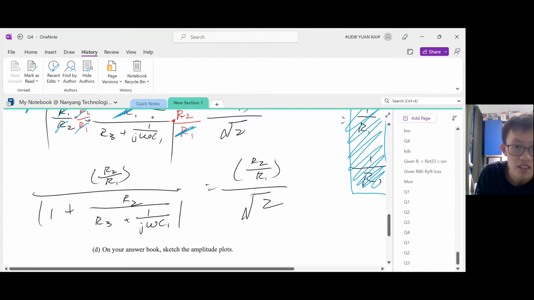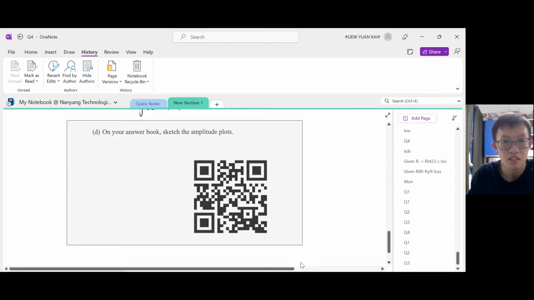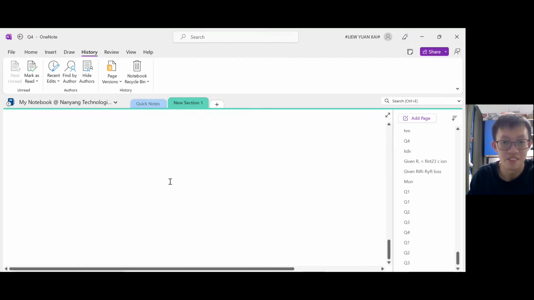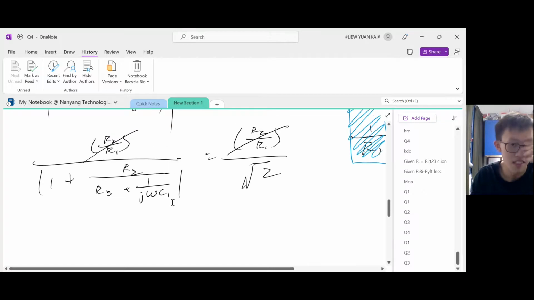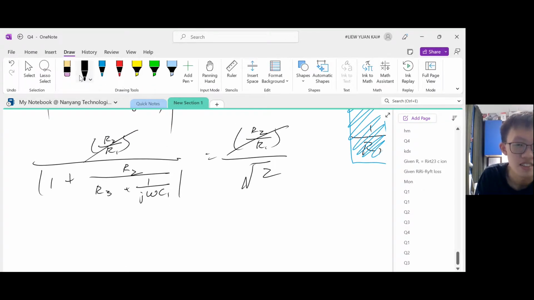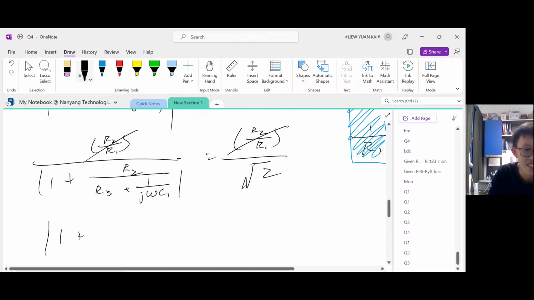Now that the numerators are equal, we can equate the denominators. I'm actually very unsure about this. I feel there's something not going to be easy about taking this modulus. Because look at this.